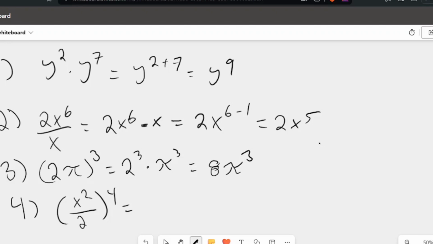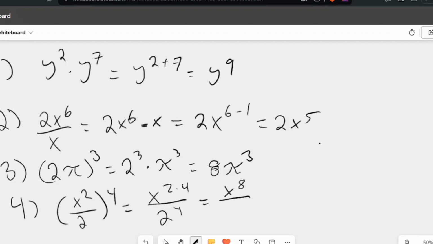Now, in this case, what we're going to want to do first, before we even perform the action inside, is our power to power. So again, 2 times 4, and then this right here will go right there, which in this case would be x to the 8.